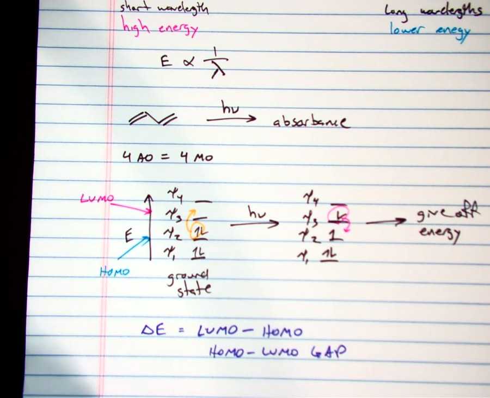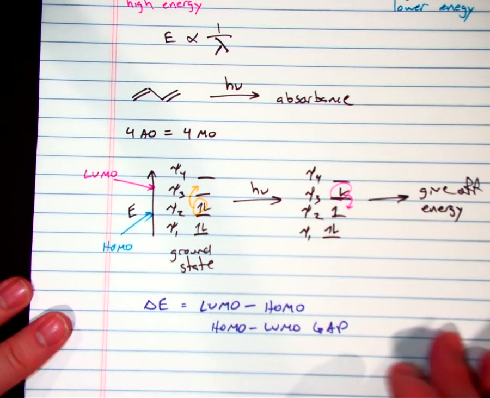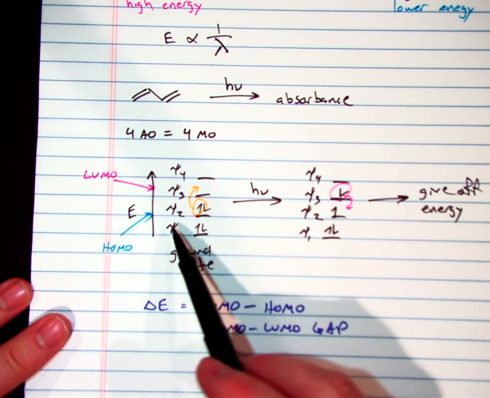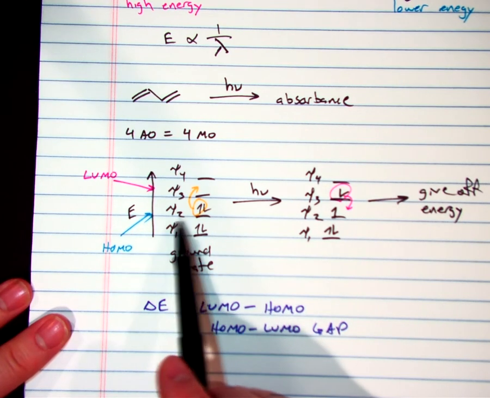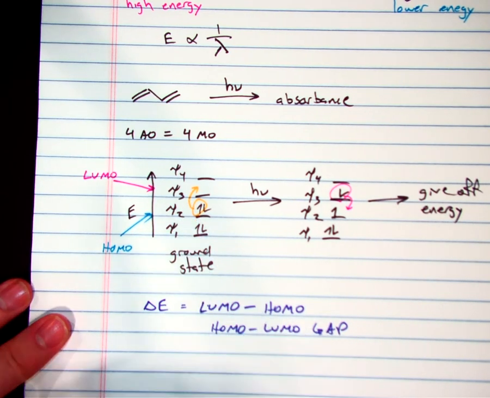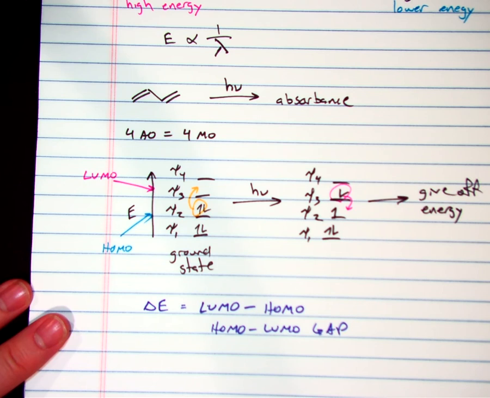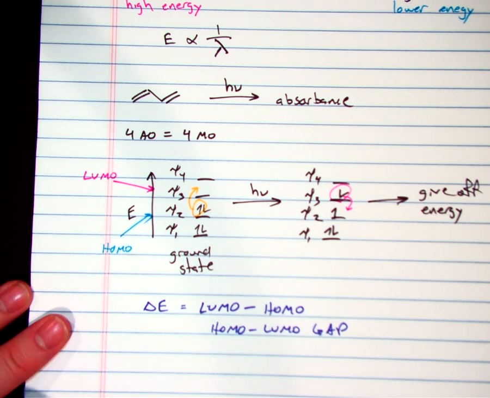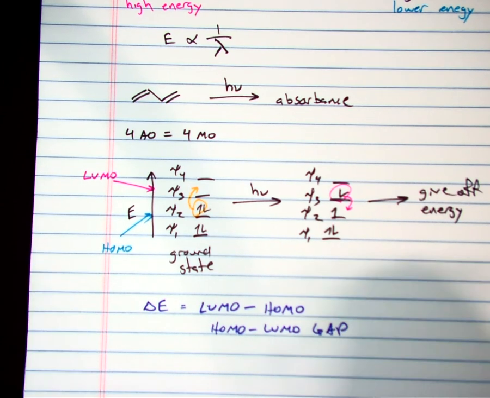That energy difference is proportional to the difference between the highest occupied molecular orbital and the lowest unoccupied molecular orbital. Now, how is this HOMO-LUMO gap impacted by the conjugated systems that we see? So let's take a look at some different conjugated systems and see what happens to that HOMO-LUMO gap.